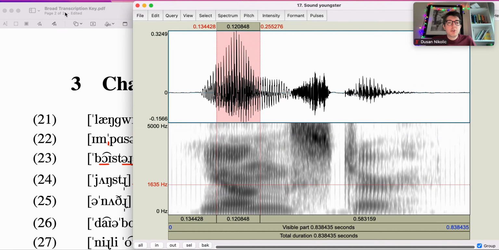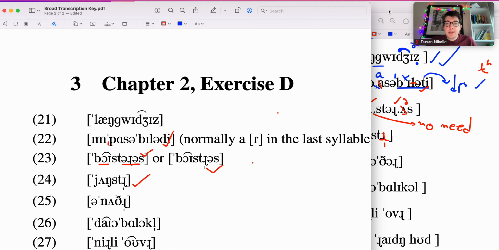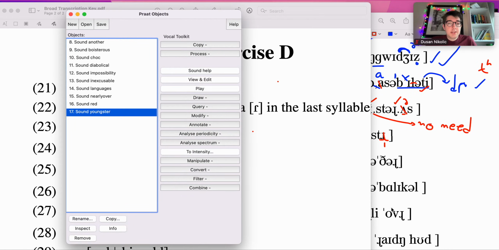If we were doing the narrow transcription, I would also say this is a nasalized vowel. Okay, I think we are good with youngster, and now we come to yet another word.